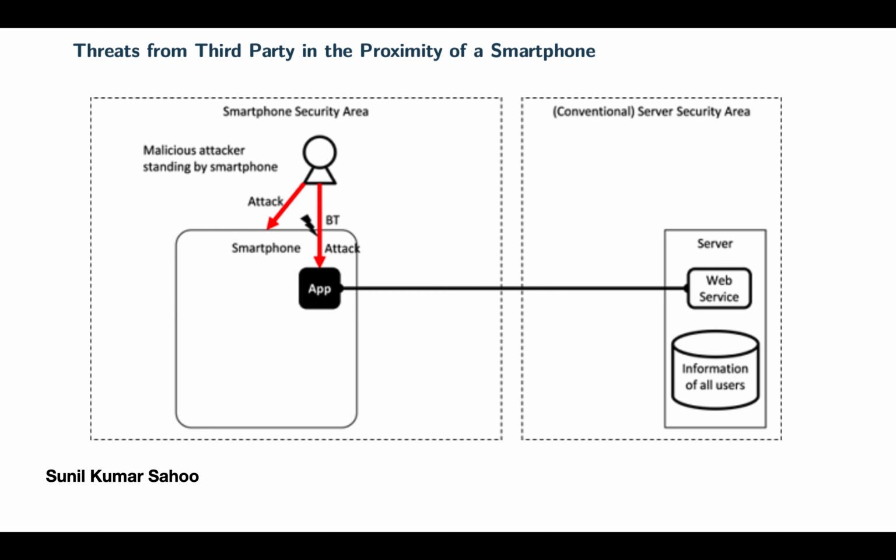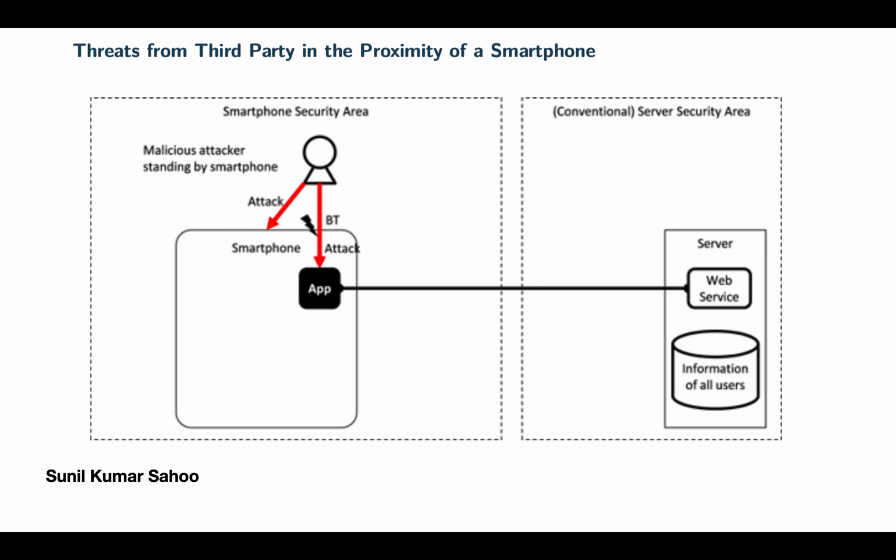Then another threat happens from a third party in the proximity of the smartphone. Generally we use Wi-Fi, Bluetooth, NFC. Anyone can connect to our mobile using Bluetooth or NFC and send some file or try to hack around.